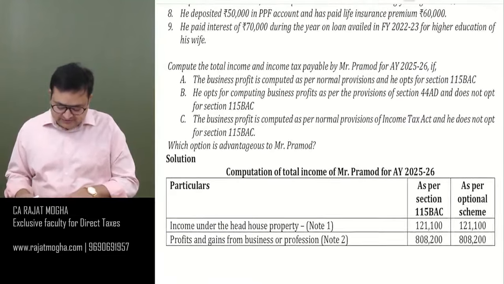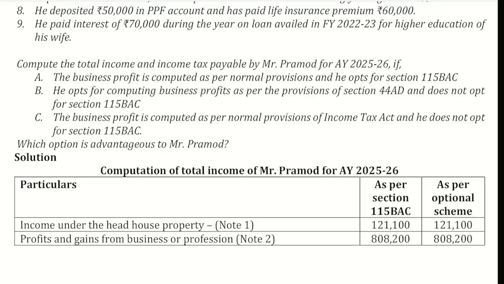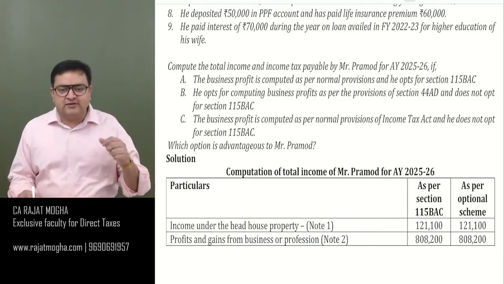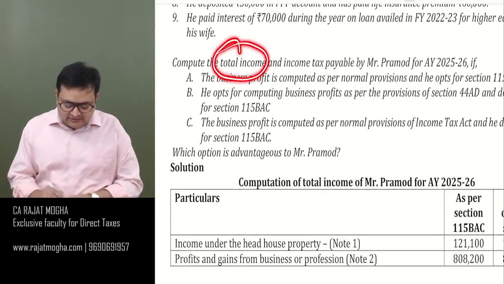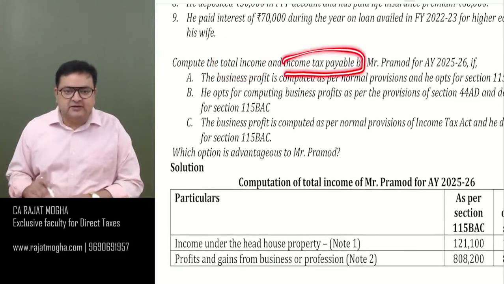look at this. First of all, you should always see what is required from us. So we are required to compute the total income and the income tax payable by Pramod for assessment year 25-26. So this is a question where we have been asked to compute the total income of the assessee and the income tax payable by the assessee.